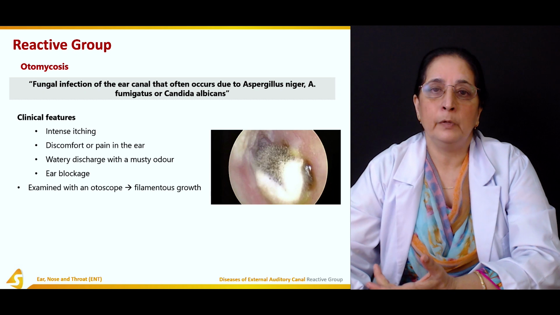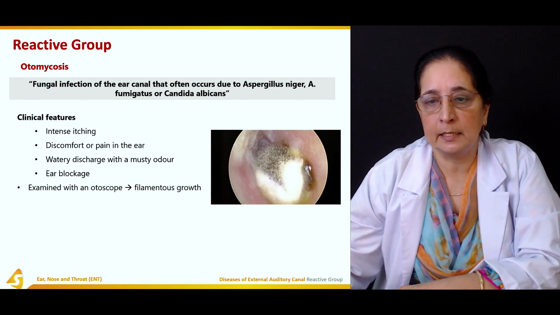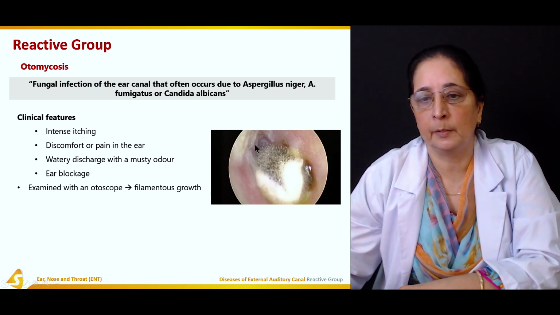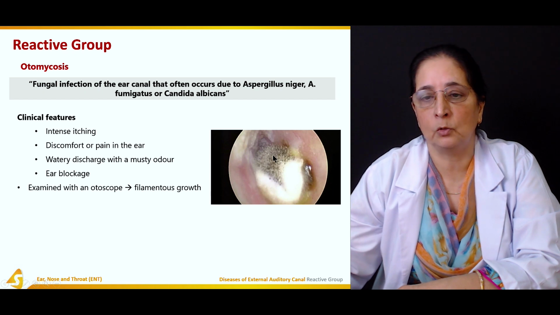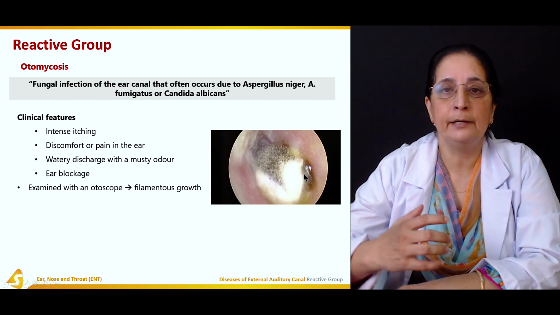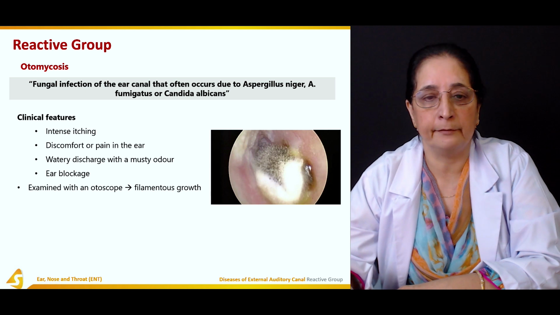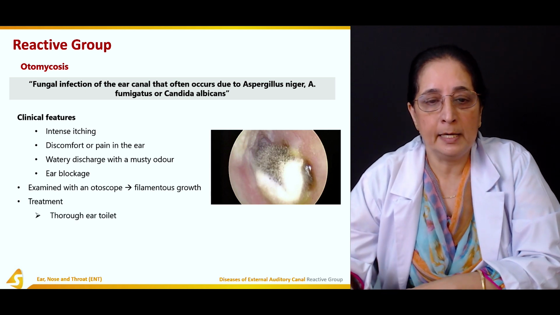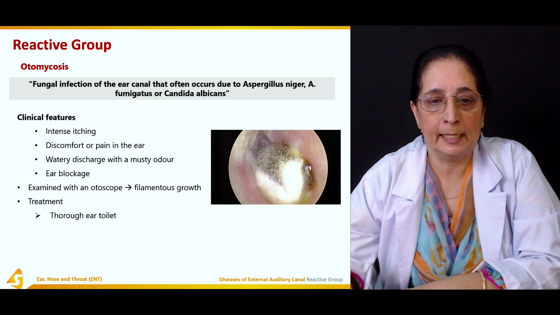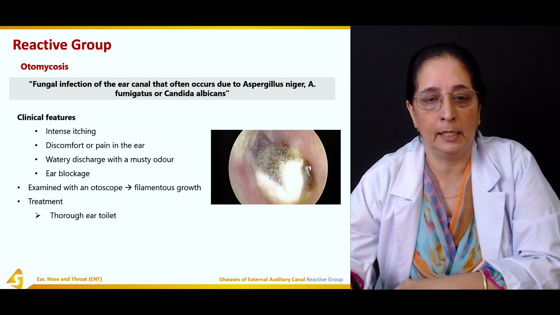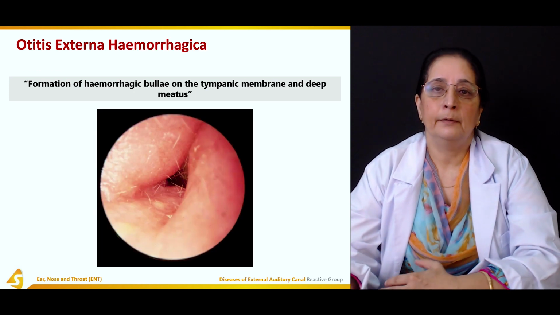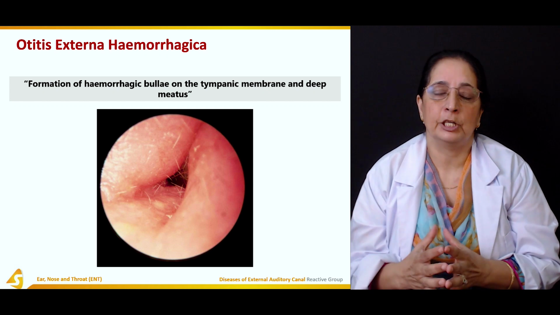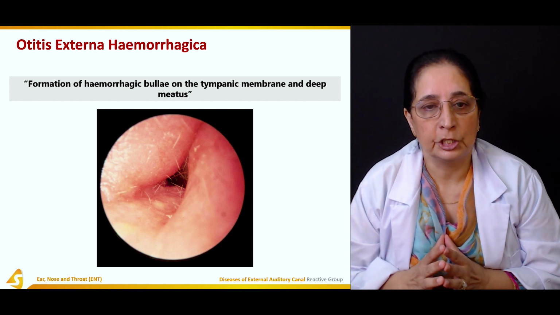When examined with the otoscope, there is a filamentous growth present. Filamentous growth is seen. That's significant of the fungal infection. Treatment is thorough ear toilet or cleaning, to remove any infection or the discharge.